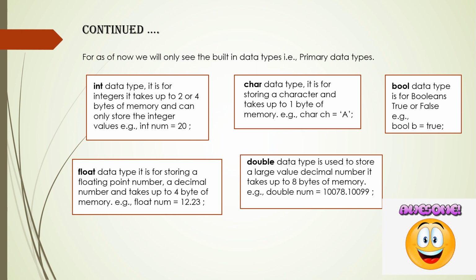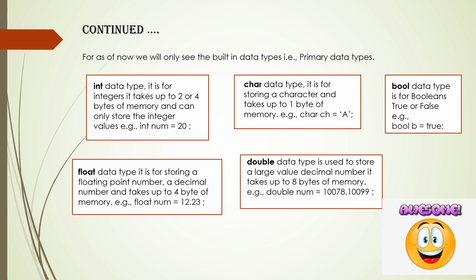So num is holding an integer 20. Similarly, the char data type is used for storing a character and takes 1 byte of memory space. Syntax is char space ch equal to, in single quotation marks, a character, and then semicolon. Here ch is the variable name, and it is going to hold the character a.